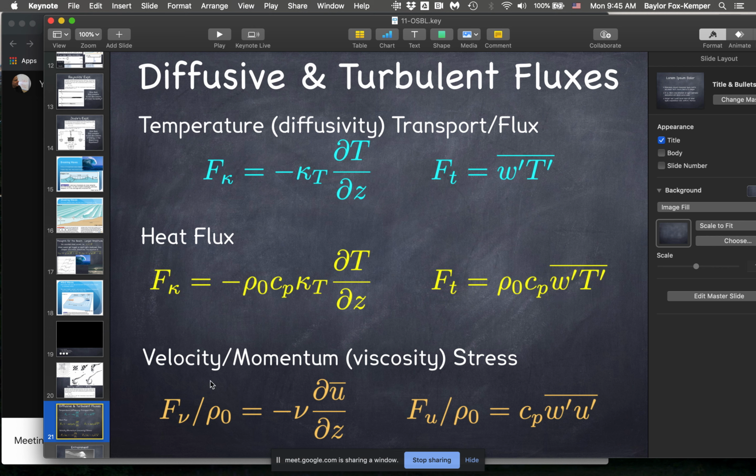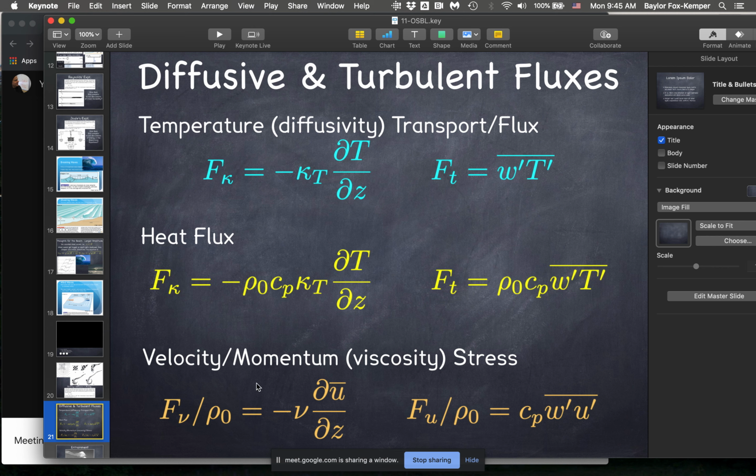Finally, the momentum: you could call this a momentum flux if you wanted, a viscous flux of momentum, but stress is the word that we use for a momentum flux. So a stress means momentum flux. Here's a viscous stress. Here's a turbulent stress.